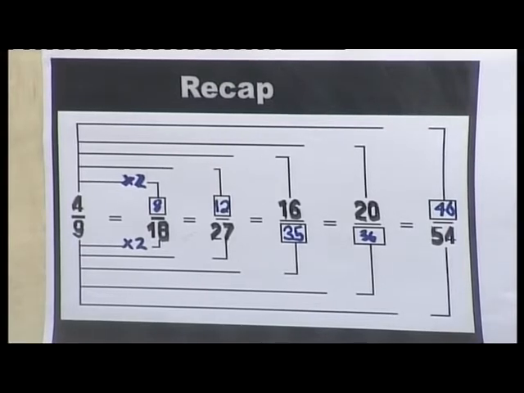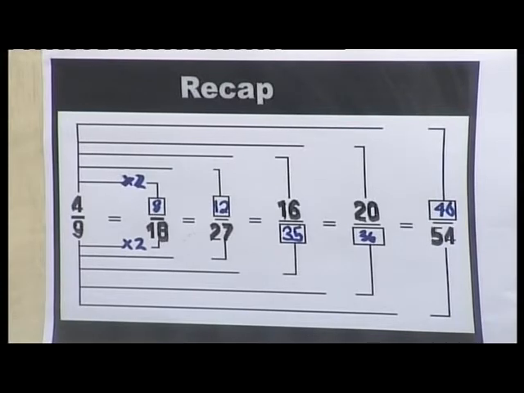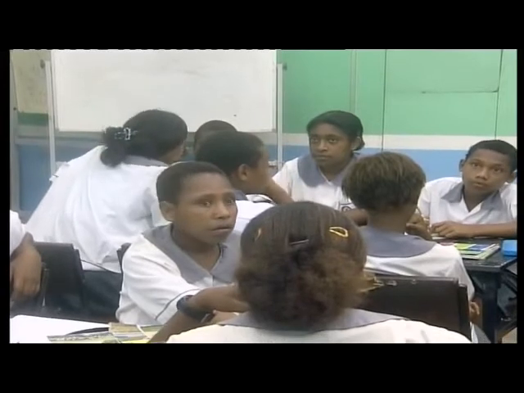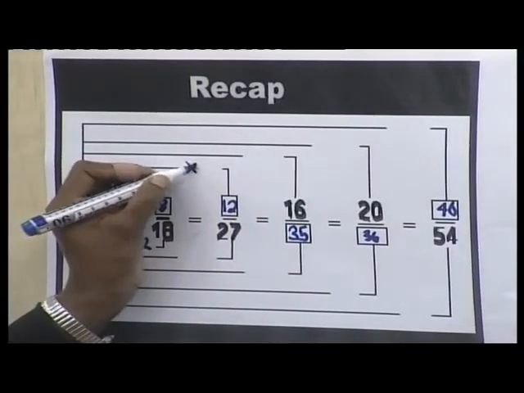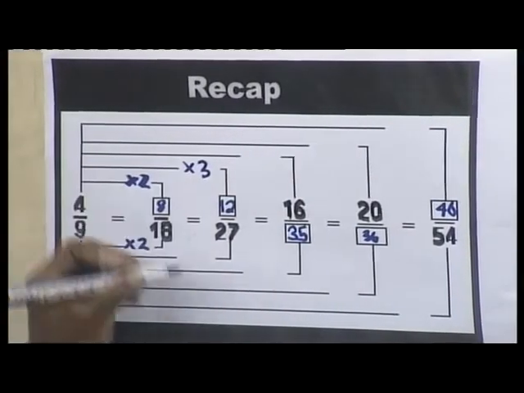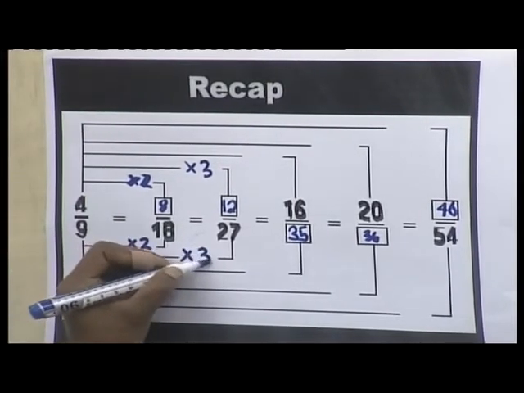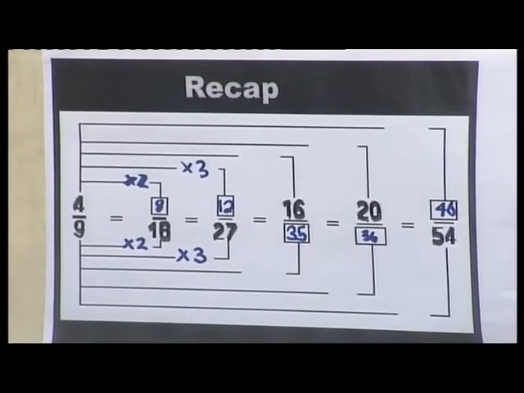What is the number that we use to multiply the numerator and the denominator? Okay, let's have Laka. Times 3, very good. So 4 times 3 is equal to 12, 9 times 3 is equal to 27.